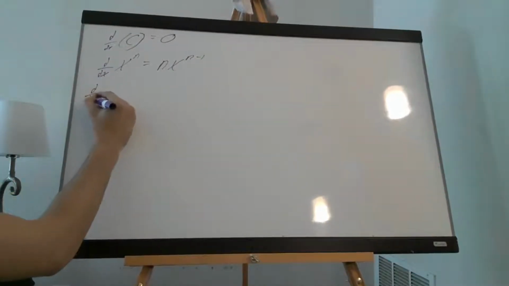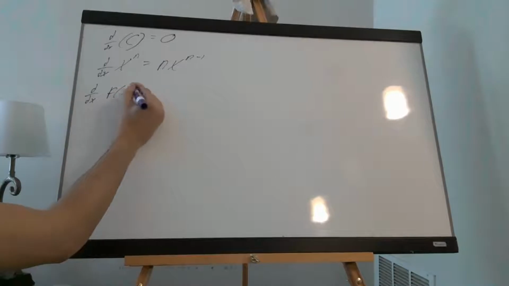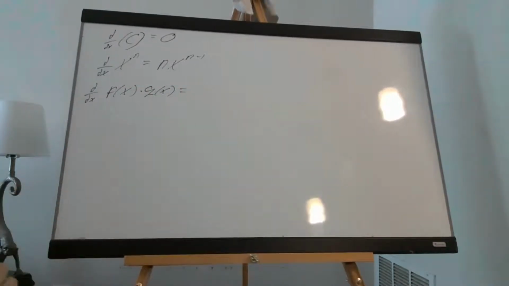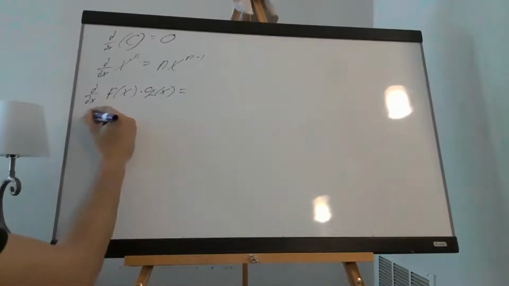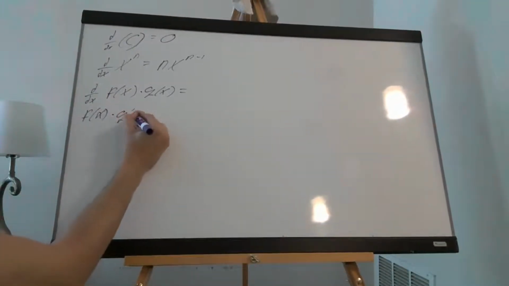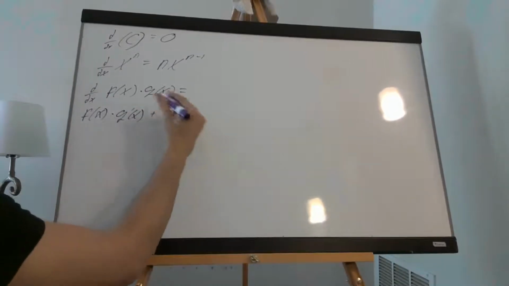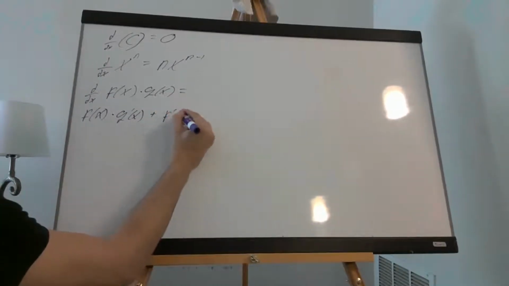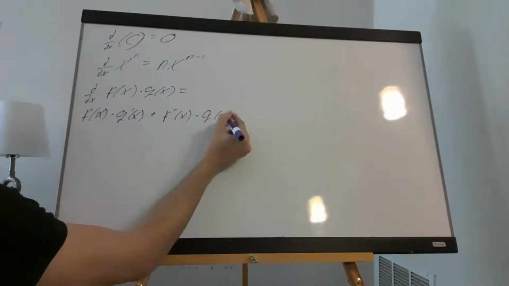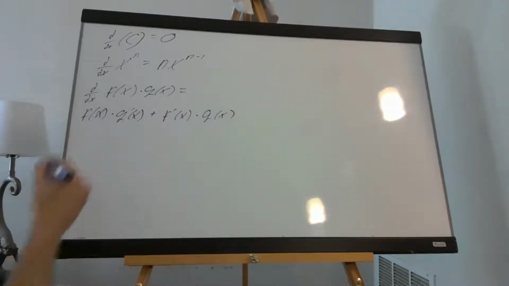The derivative for two functions being multiplied together, this is known as the product rule, is equal to f of x, the first function, times g prime of x, the derivative of the second function, plus f prime of x, the derivative of the first function, times g of x, just the second function.